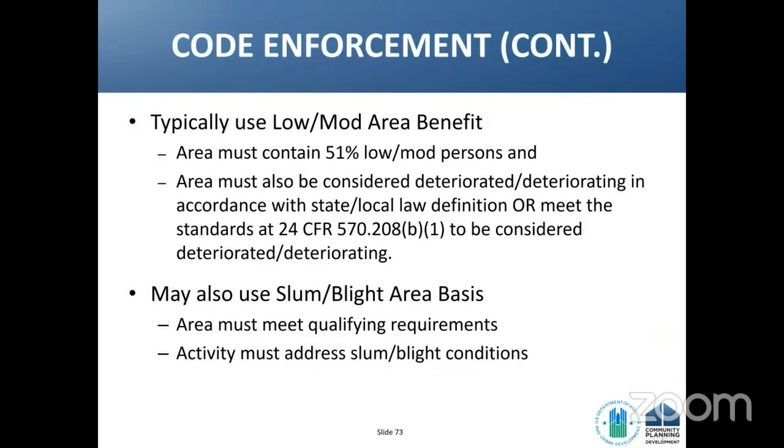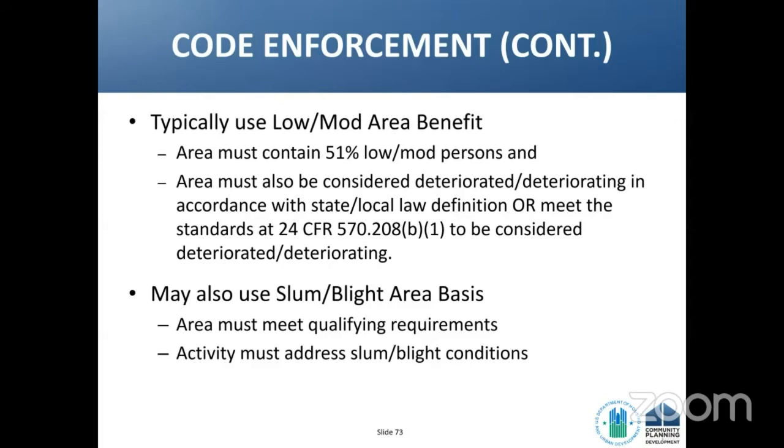Okay. Generally, as I said before, it has to be area benefit, but it doesn't have to be. It can be slum blight area basis too. The requirements are listed here in 570.208(a)(1).